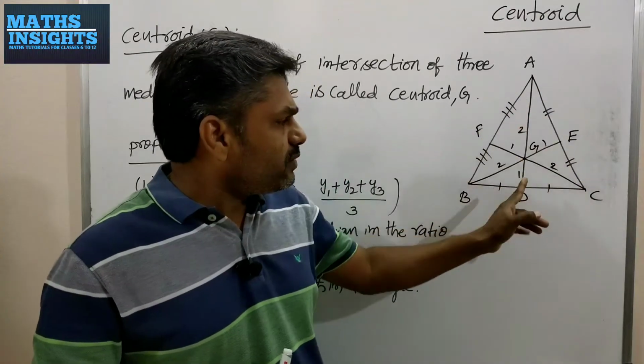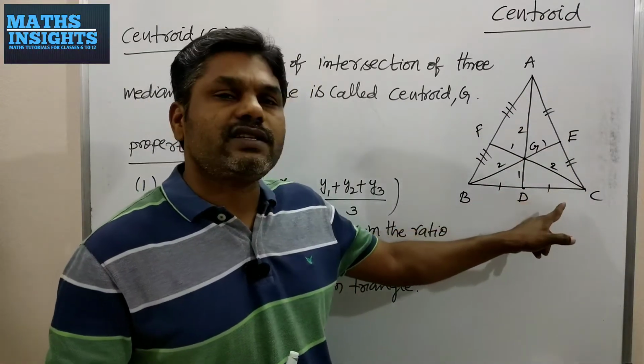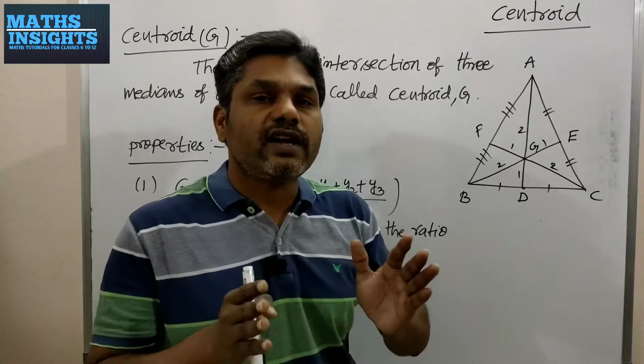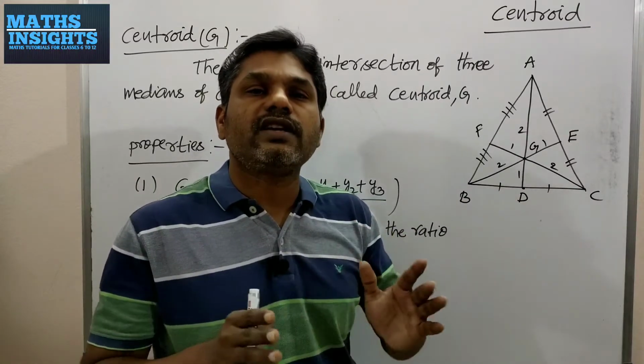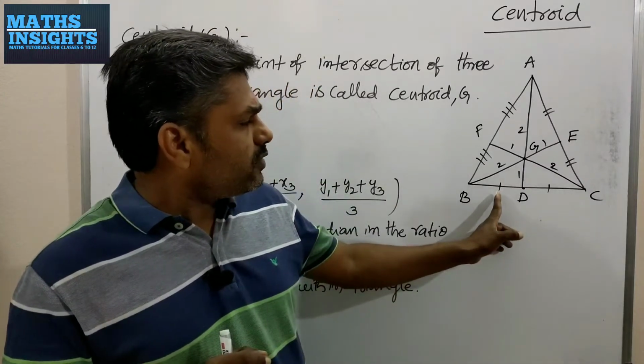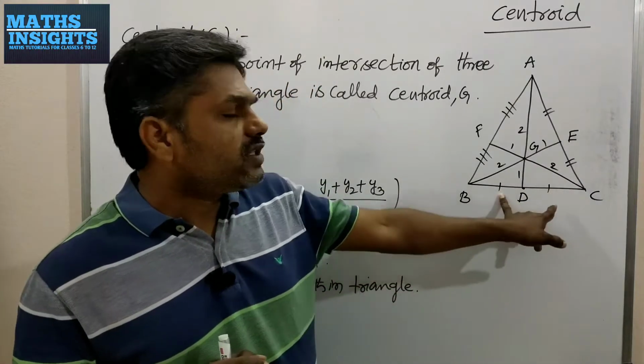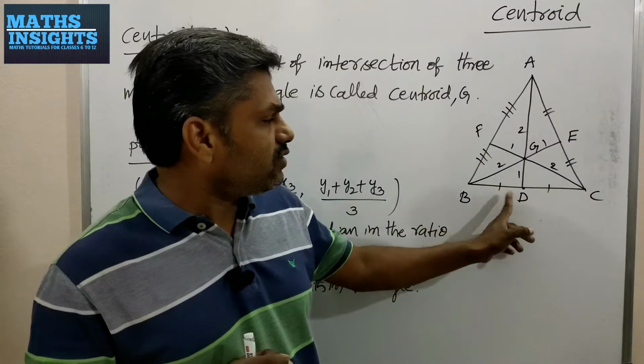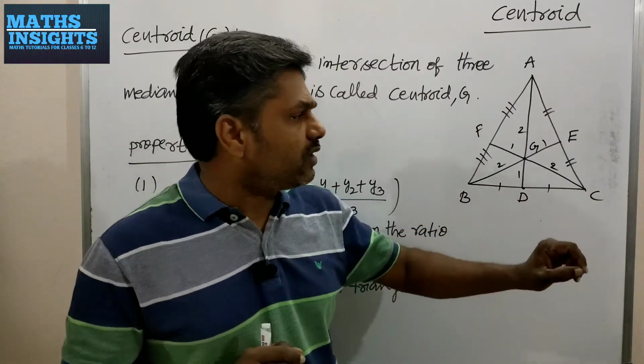A median bisects, which means it cuts the side into two equal parts, and that's why I am giving the same symbol to these parts: the lengths of these two parts are equal.